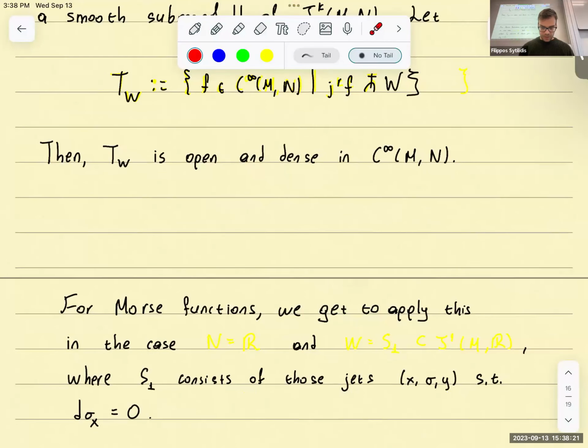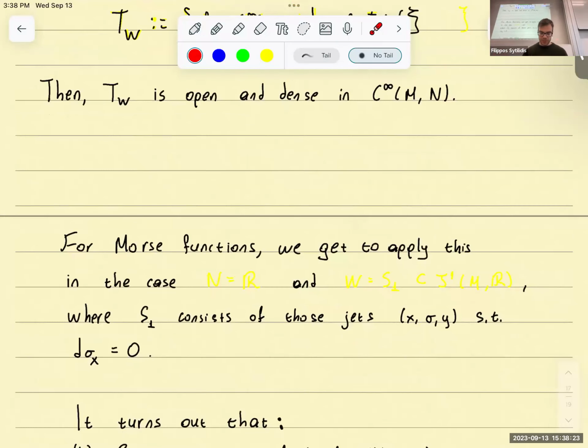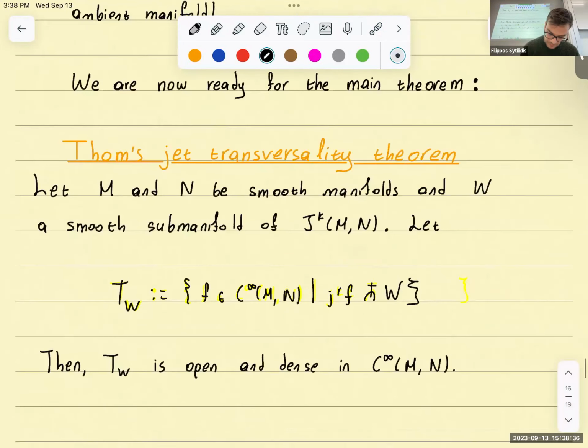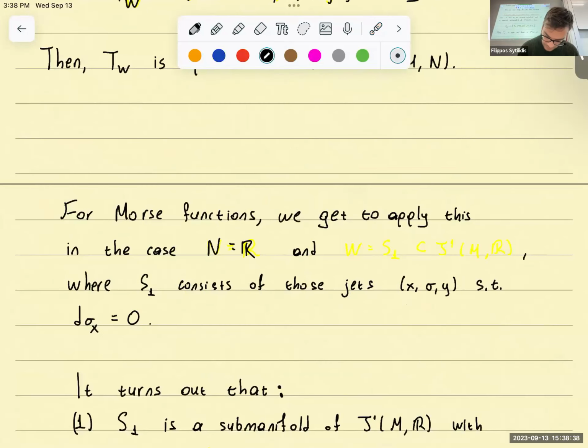So then, just to give you an idea, for Morse functions, we get to apply this in the case when N is R, and in the case when W is what's usually denoted S1, a subspace of J1(M, R).